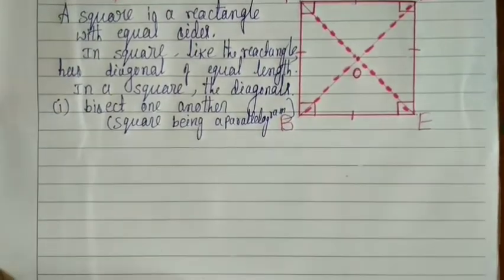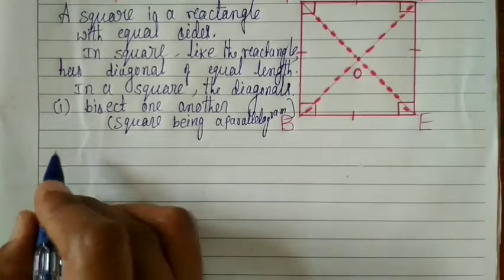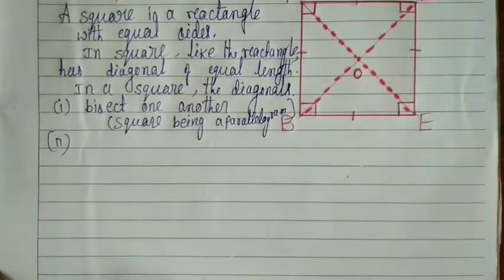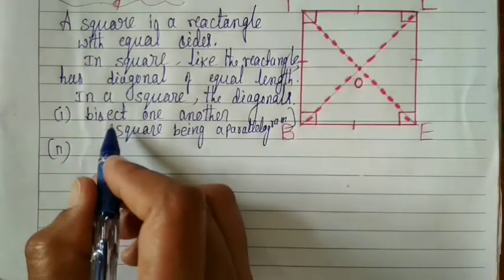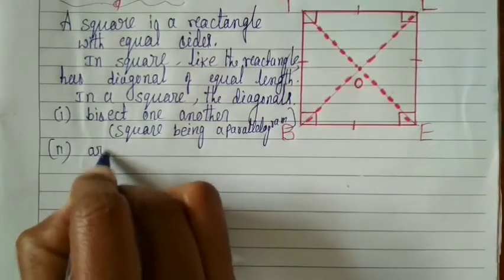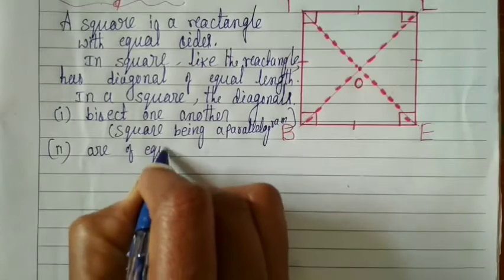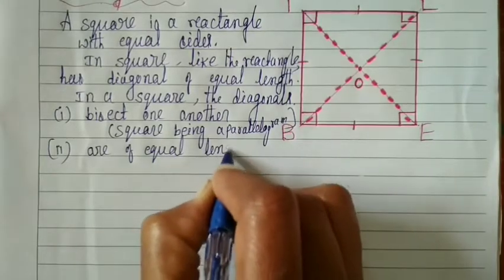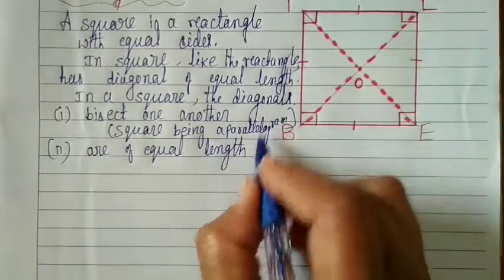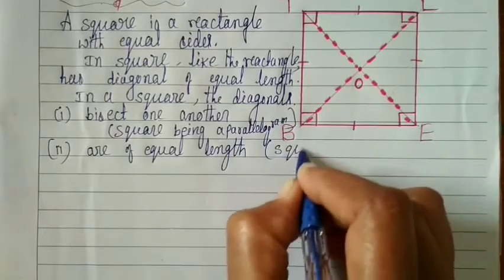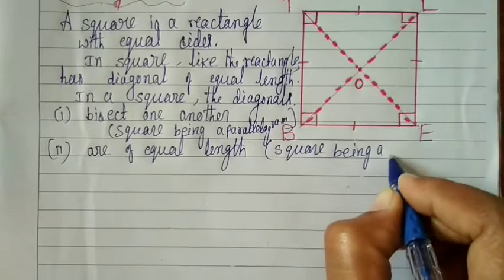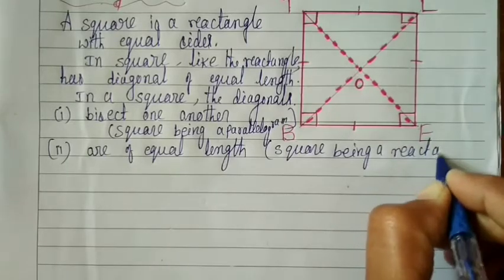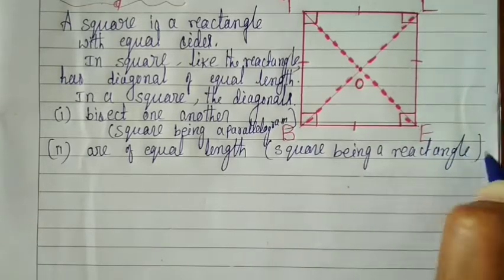Next, the second property: the diagonals are of equal length, because a square is a rectangle.